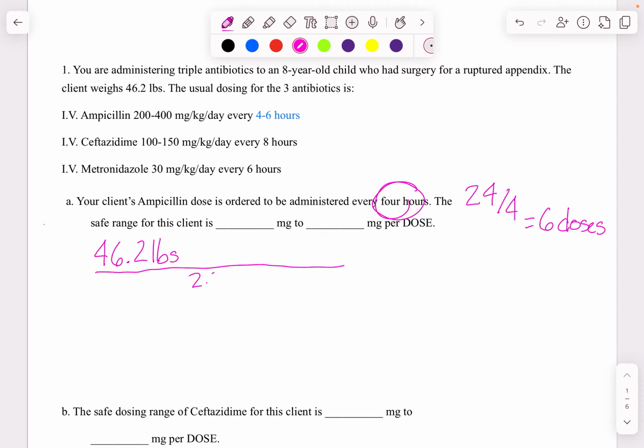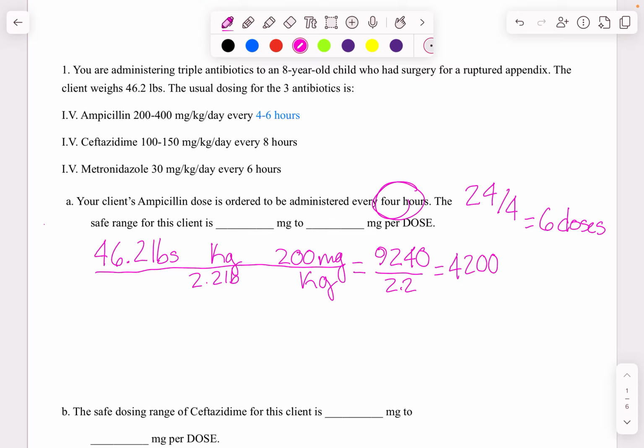And we know that we have 2.2 pounds per kilogram. And on the low end, 200 milligrams per kilogram. And then everything's balanced out. All right. And then you put that in the calculator. You get 9240 divided by 2.2 is 4,200.